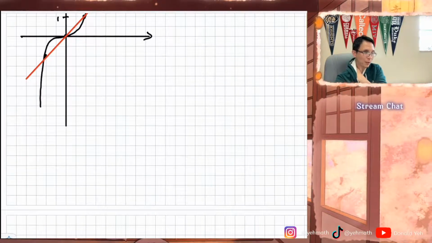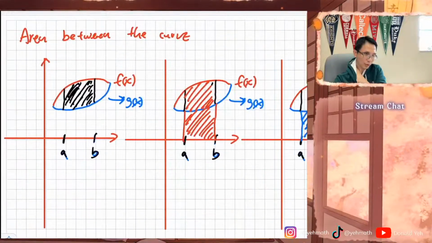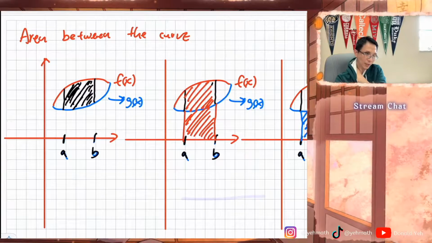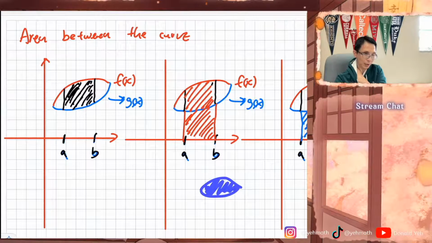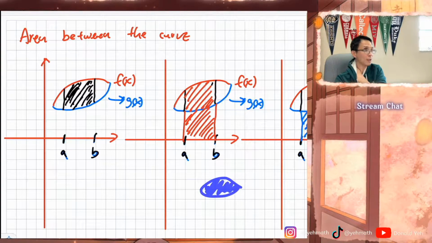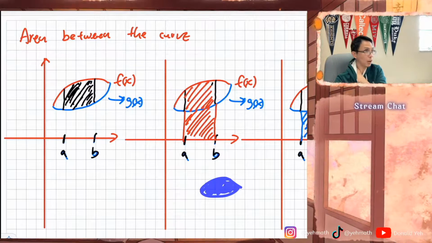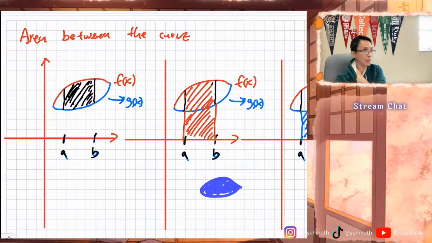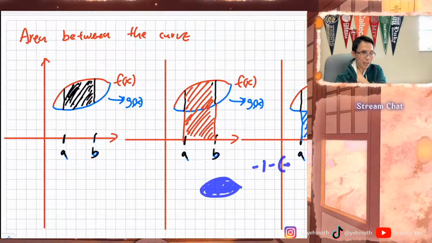So I'm going to talk about if some area, let's go back to talk about this situation. If some graph is underneath like this, and I'm trying to find this region right here, this area is still positive, by the way. If I find the area between the curves, it's always positive because it's top minus bottom. For example, if you have -1 minus -5, that's still positive 4.